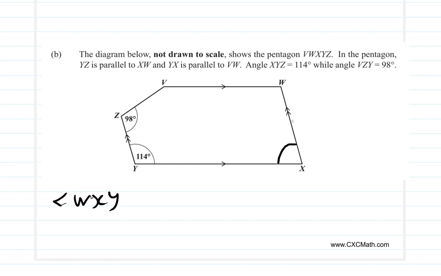What could it be? Now notice that WX is parallel to ZY. Not only that, but VW is parallel to YX. So here, XW is parallel to YZ, while VW is parallel to YX.